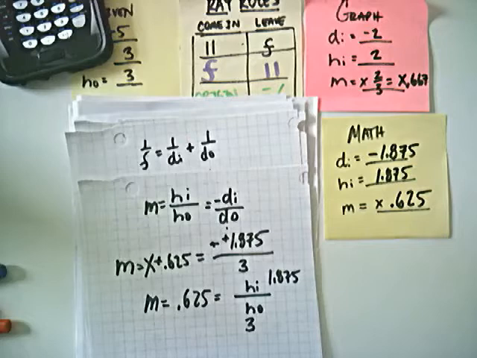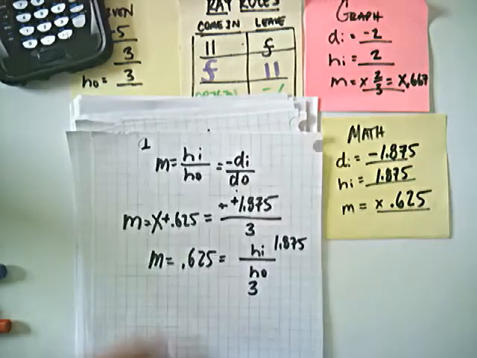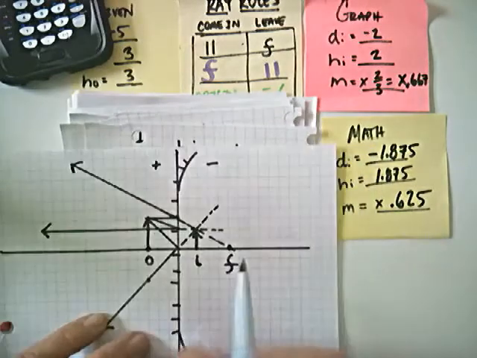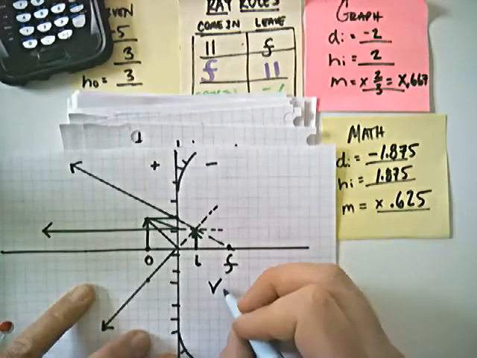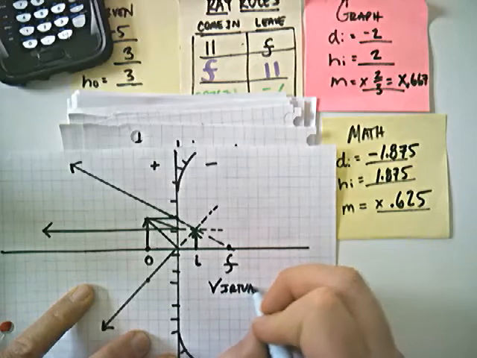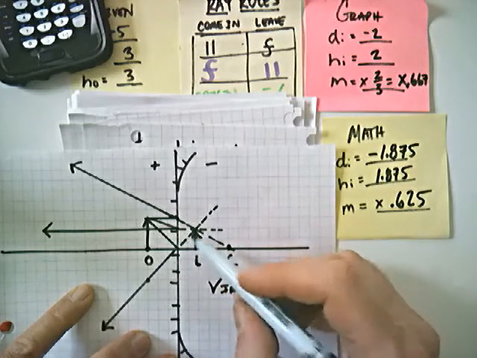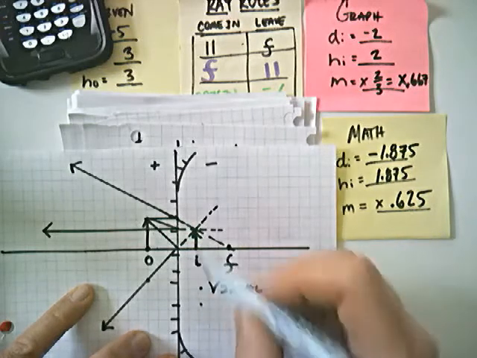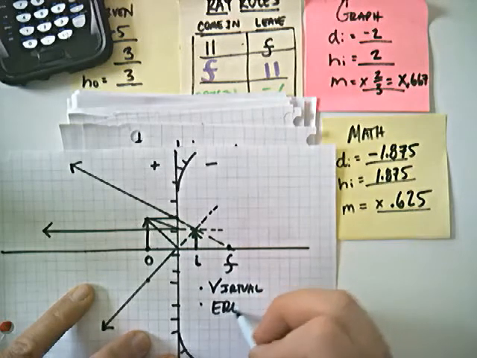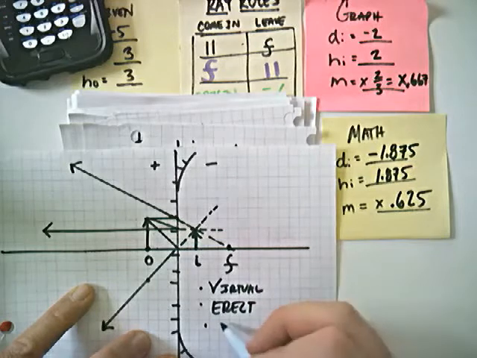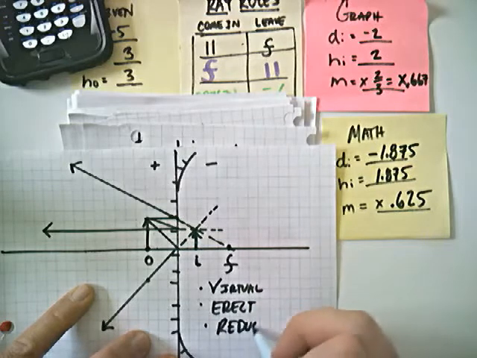Now, just like last time, when it comes time to describe this image, the way we will describe it is virtual. How do I know it's virtual? It's on the negative side of the mirror. The rays never intersect. It's pointing up, so it's erect. And it's smaller than it started, so it's reduced.